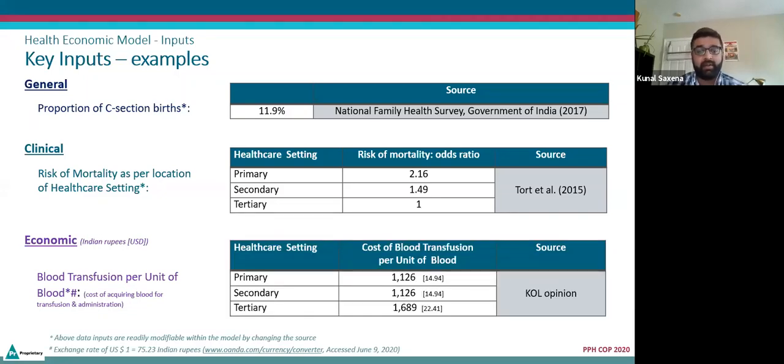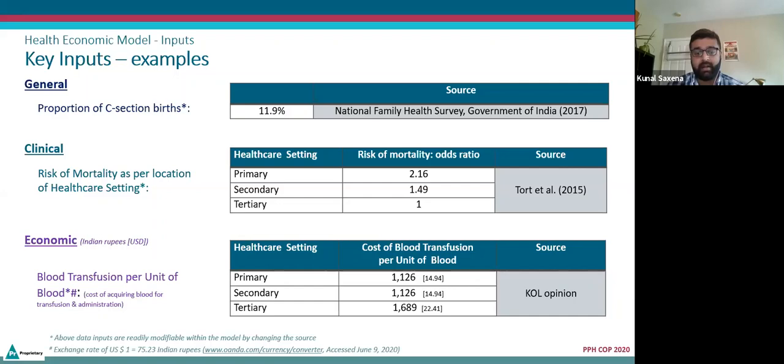You can see on your screen, we used the cost of blood transfusion per unit of blood. And again, it was divided into primary, secondary, and tertiary healthcare settings. The cost in primary and secondary healthcare settings was found to be the same, and the tertiary healthcare setting was slightly more expensive.